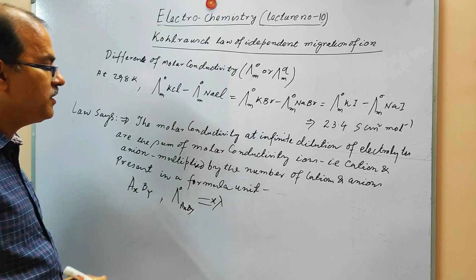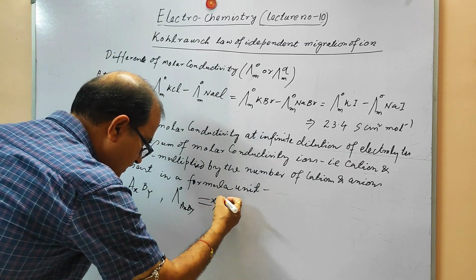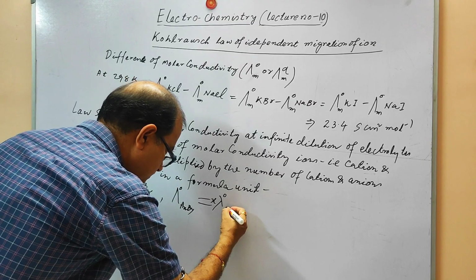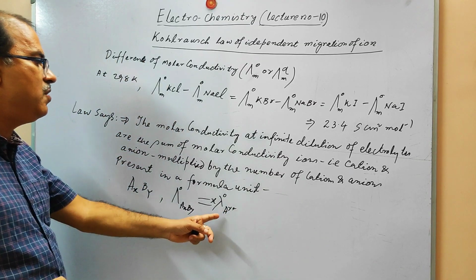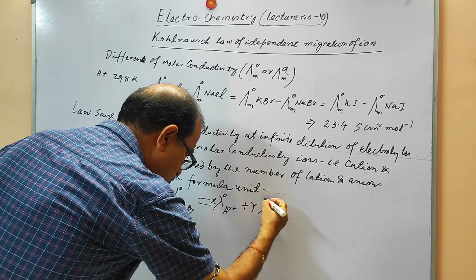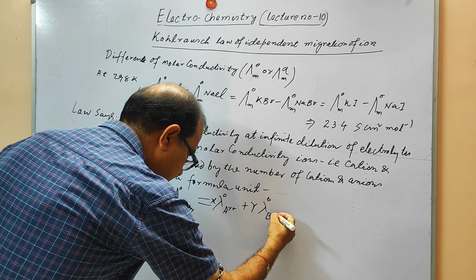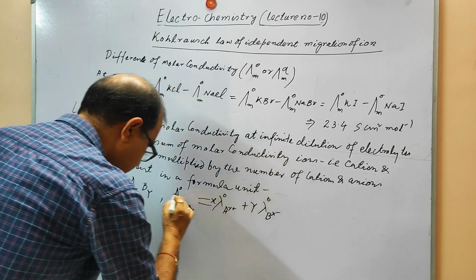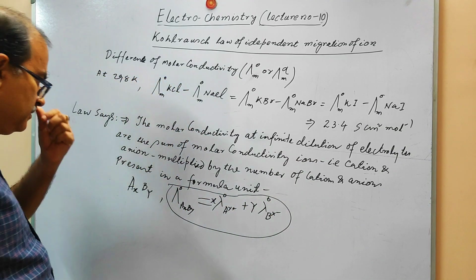When it dissociates, it produces x number of cations A with charge y plus, and y number of anions B with charge x minus. So we can write x into molar conductivity of the cation plus y into molar conductivity of the anion. This is a general formula for this electrolyte.